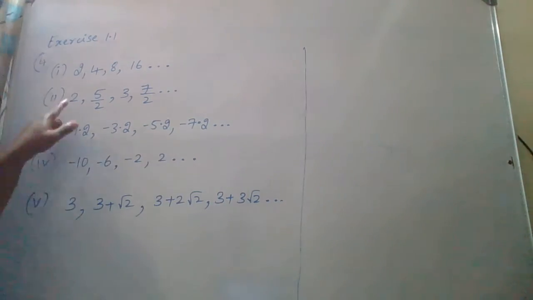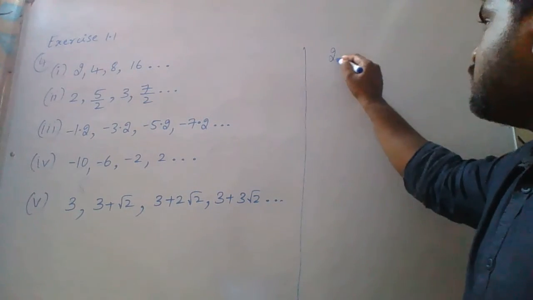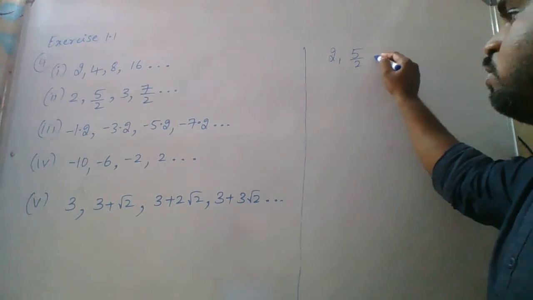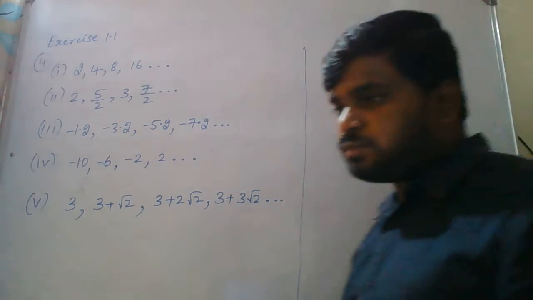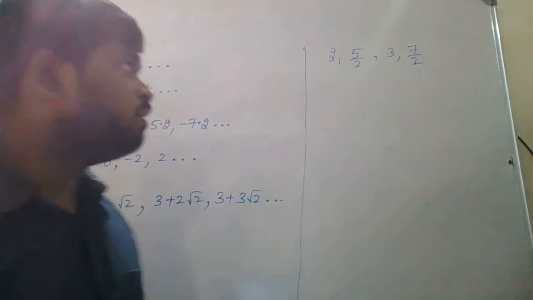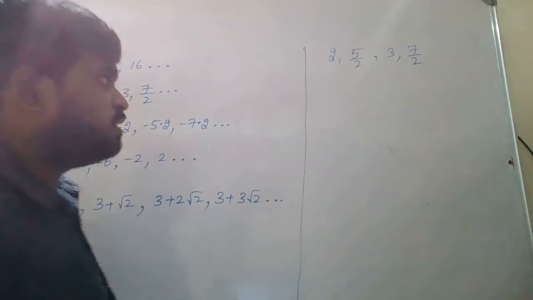So here the second one is the sequence 2, 5 by 2, 3, 7 by 2. If you observe, you can convert this into decimals, so it will be very easy.